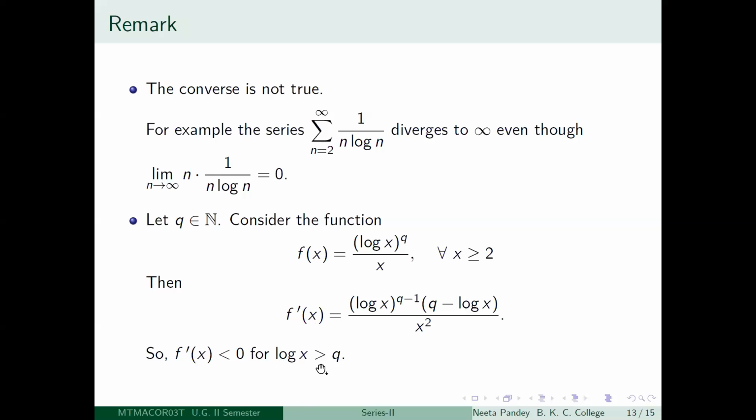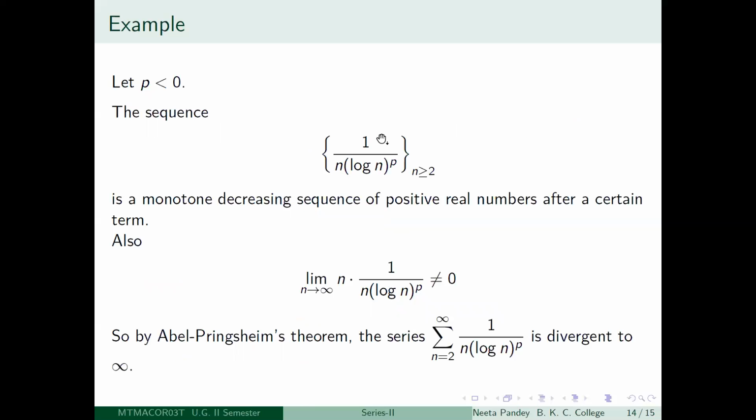So if log n is greater than q, that is when n is greater than e to the power q, after that term the sequence becomes monotonically decreasing. But that is sufficient, right?